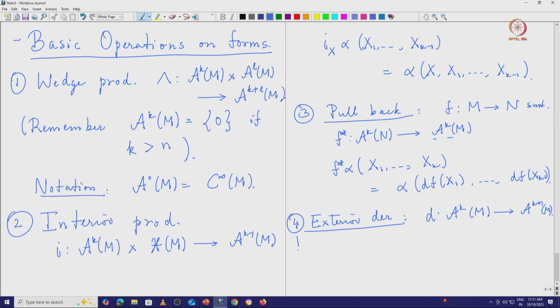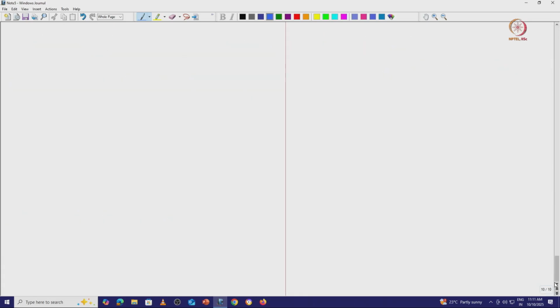So this is the unique R linear map with the following 3 properties. So on functions, on 0 forms it does this.